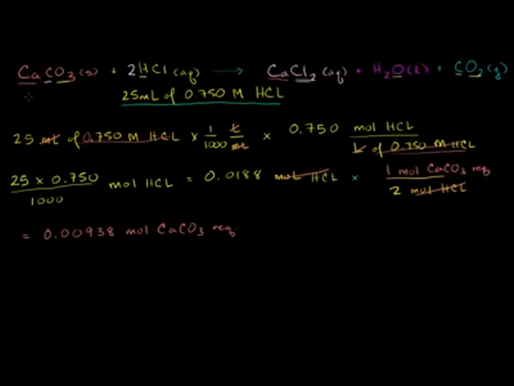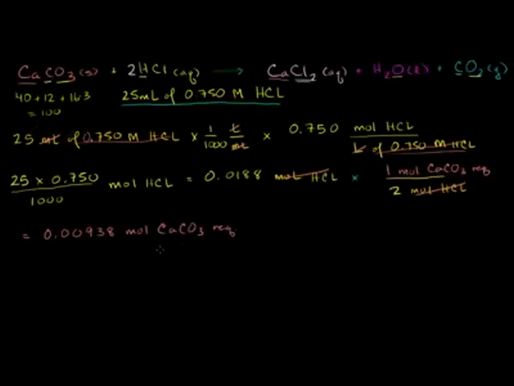You could look up the atomic weight of calcium on a periodic table. It is 40. And then you have a carbon in there. That's 12. We've seen that a lot. And then you have an oxygen, which is 16, but we have 3 of them. So 16 times 3 is 48. So it's going to be 40 plus 12 plus 48, which is equal to 100. So it has a molar mass of 100.